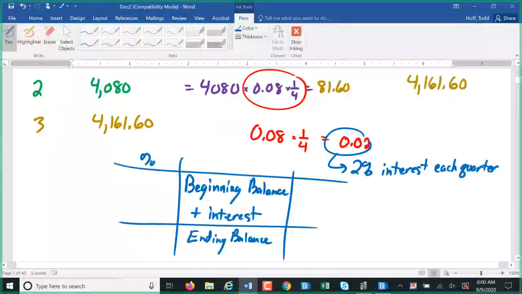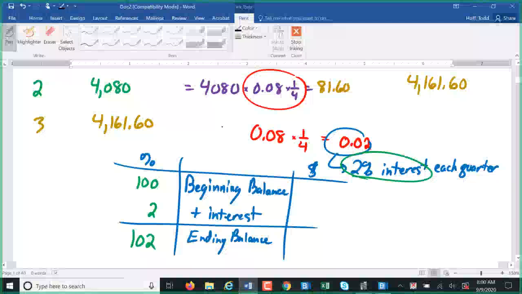And as we said, each of those items is described by a percent and a dollar amount. Well, the beginning balance is 100%. That's our base amount for that quarter. The interest we just said is 2%. 100 plus 2 means the ending balance is 102%.